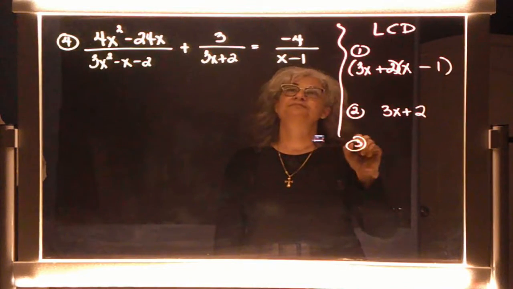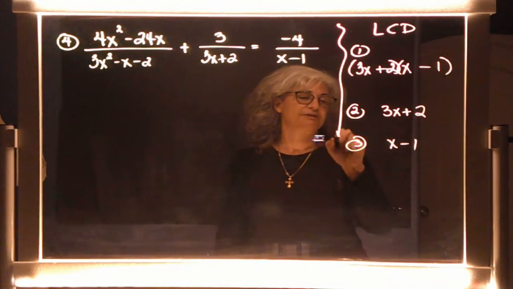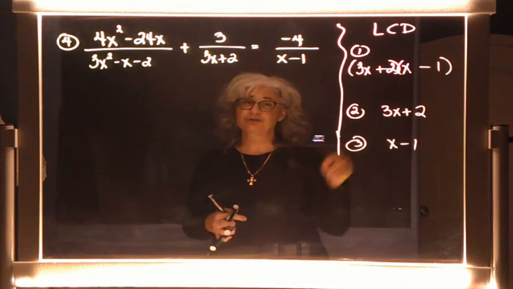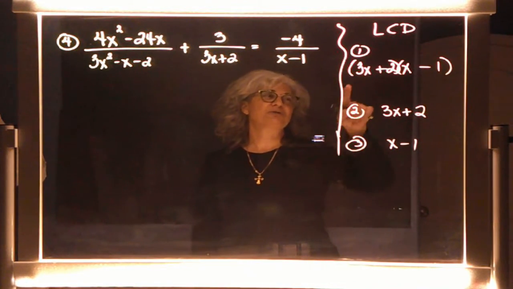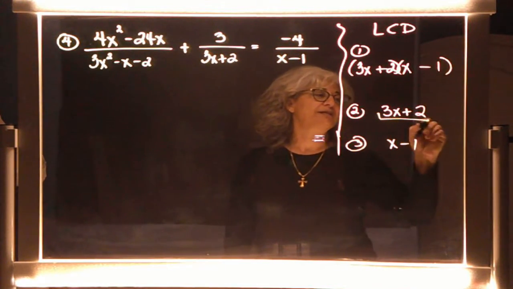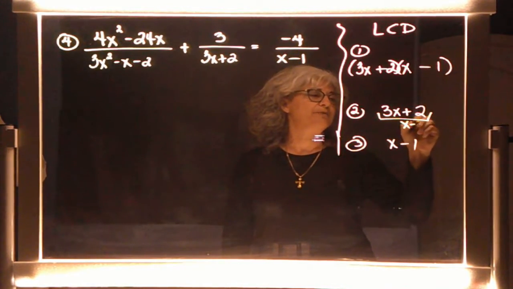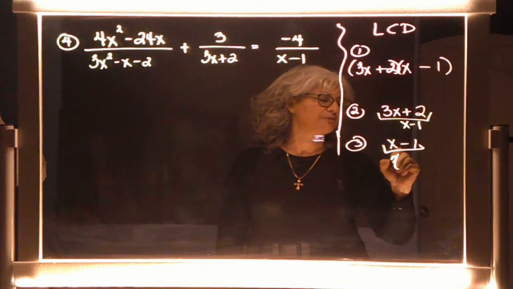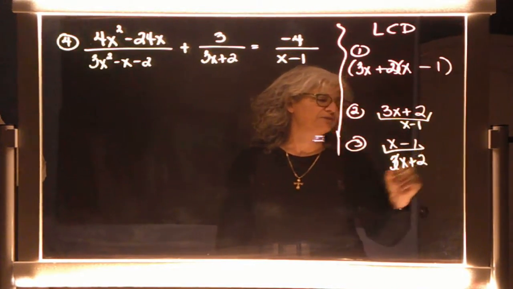Denominator number 3, already factored. Well, that's nice. Okay, and then we have to make them all look the same, right? So, denominator number 1 clearly has both of these. So it looks like the second denominator just needs to be multiplied by x minus 1, and the third denominator needs to be multiplied by 3x plus 2.